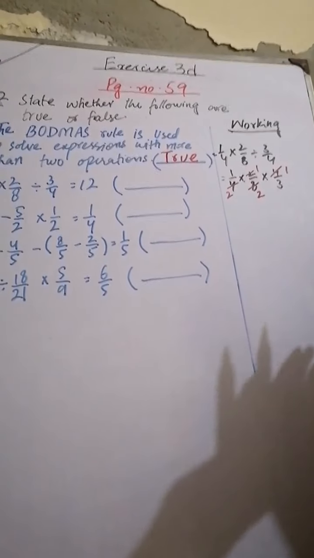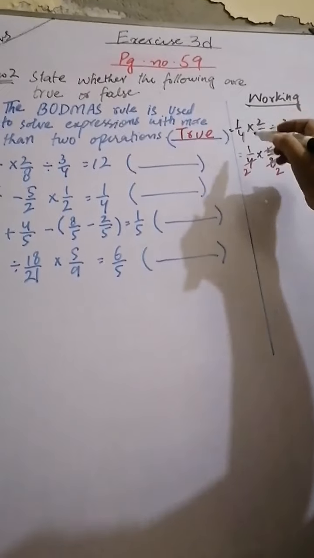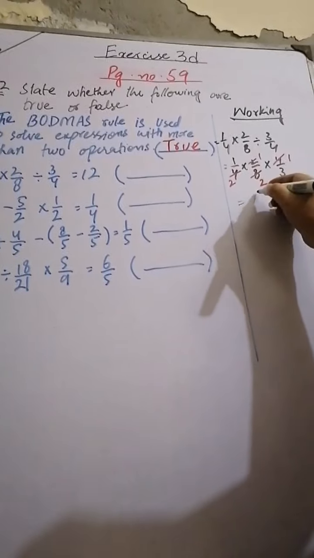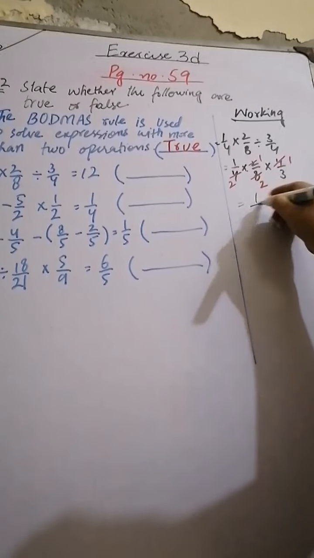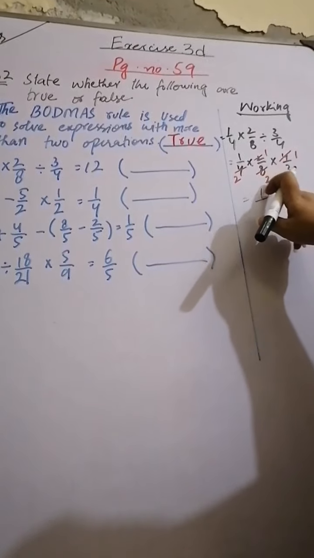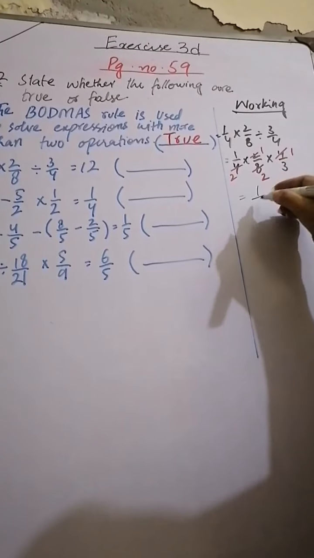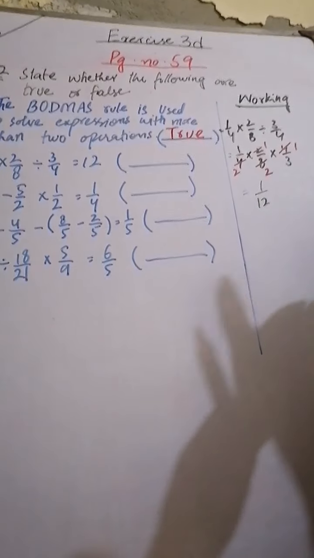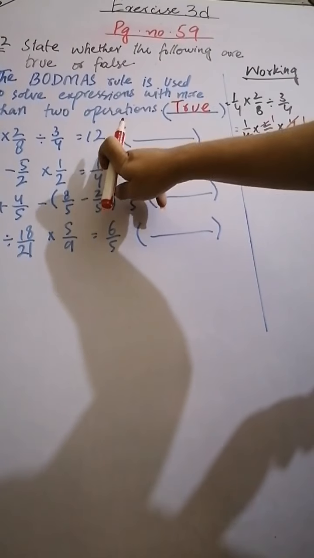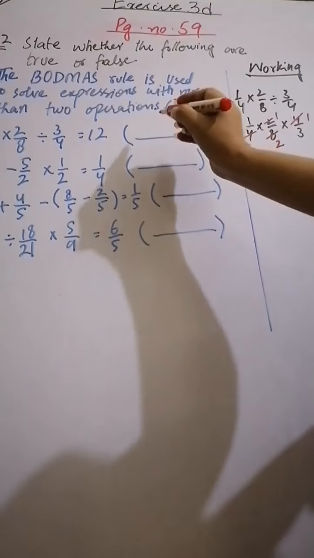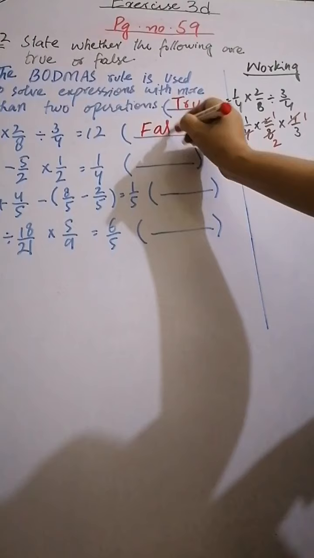Okay, now in the numerator we are having 1 1 1, so it's 1, and in the denominator we are having 2 2 3, so 2 2s are 4, 4 3s are 12. It's 1 by 4, so they are saying 12, we have got 1 by 12, so it's false. Correct?